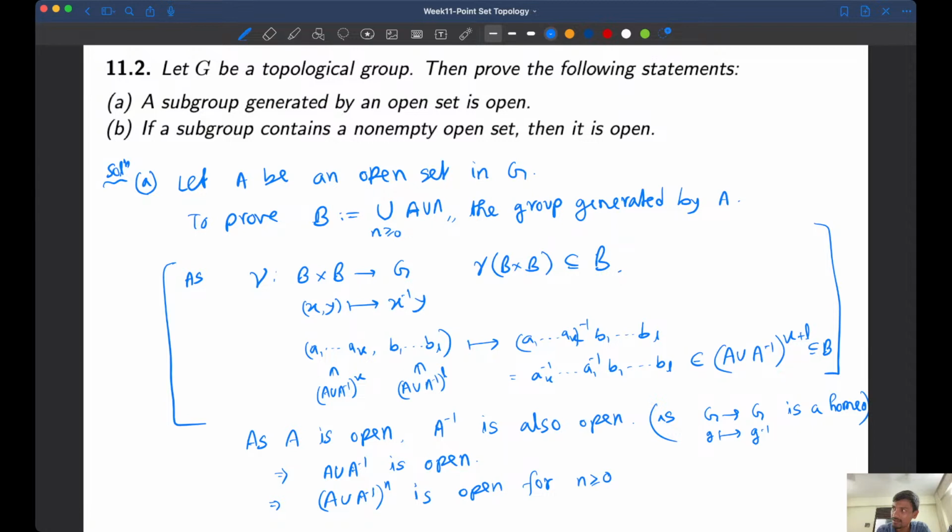No. In particular, left multiplication and right multiplication are homeomorphisms.